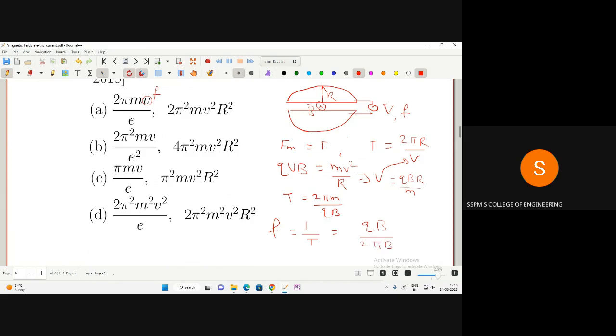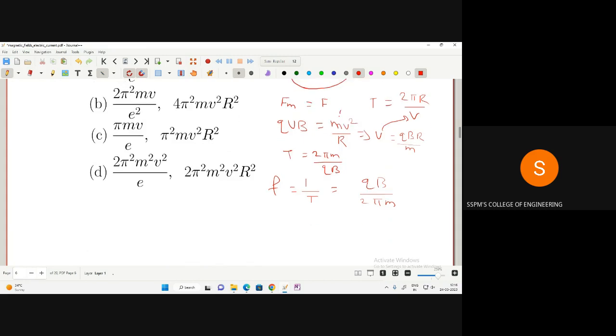But we want the relation for magnetic induction in terms of frequency. F is equal to QB divided by 2 pi m.